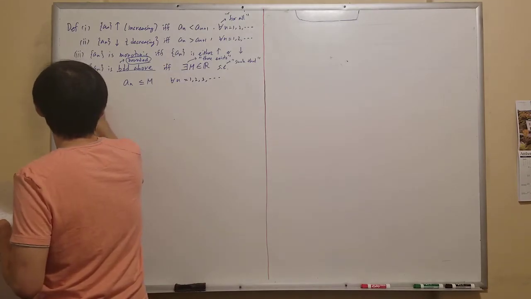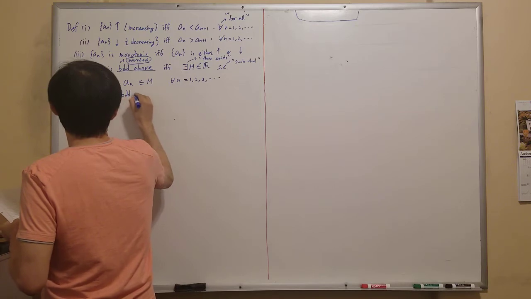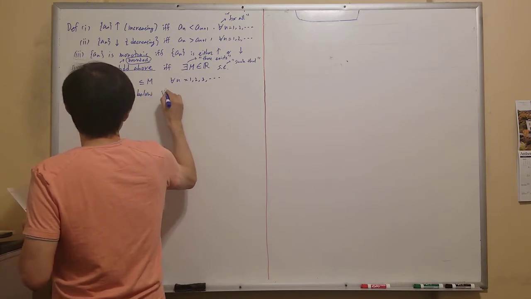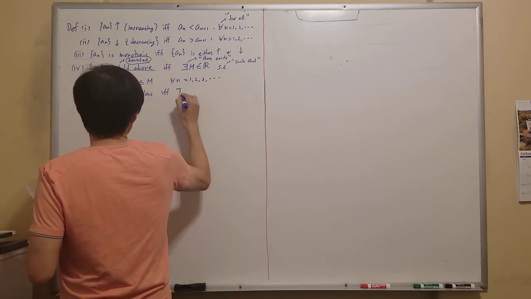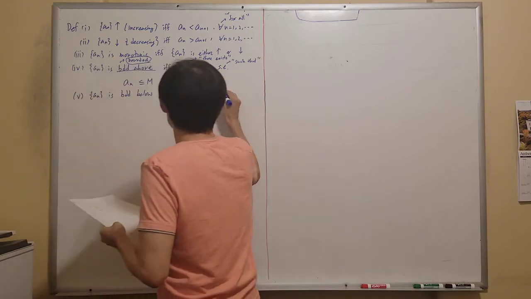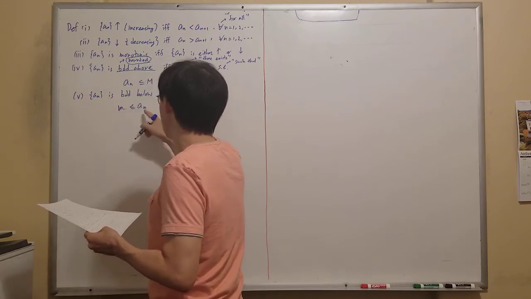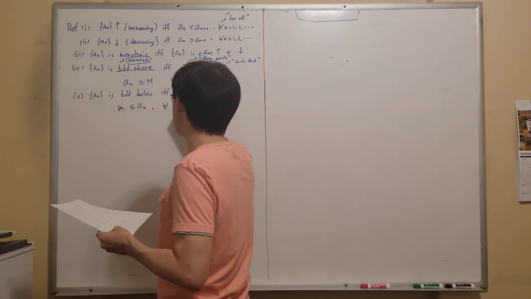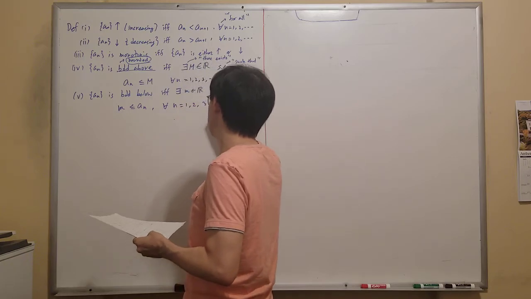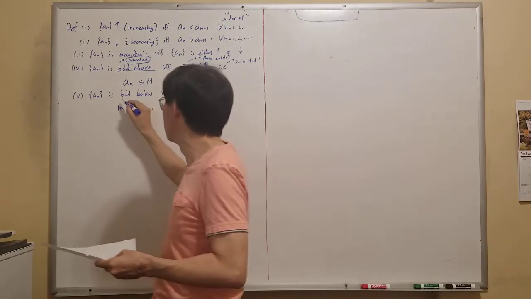Likewise, a sequence is called bounded below if and only if there exists some real number m such that all elements are greater than or equal to m.